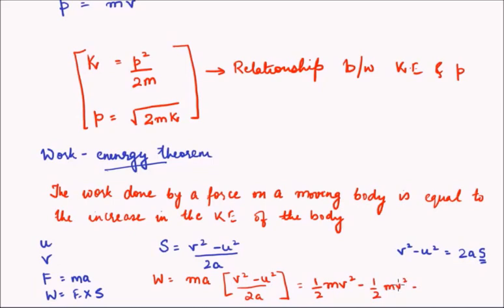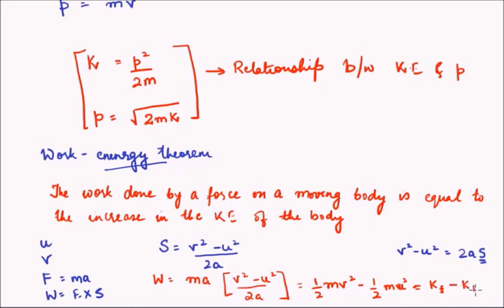We know that half times m velocity square is the kinetic energy, and since v is the final velocity, this term is the final kinetic energy. Since u is the initial velocity, half mu square is the initial kinetic energy.